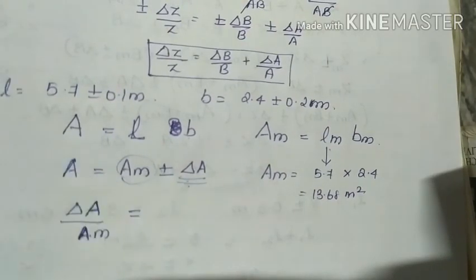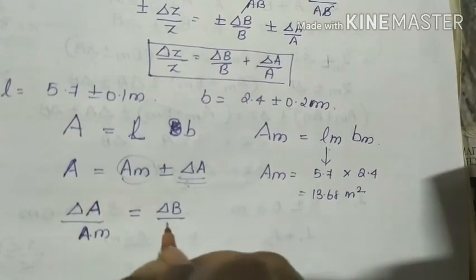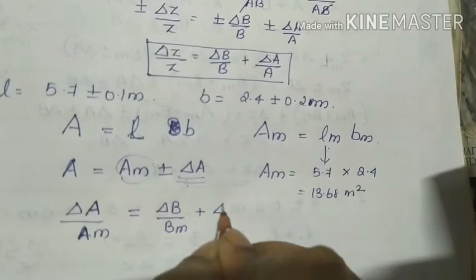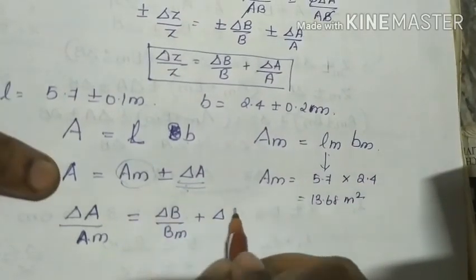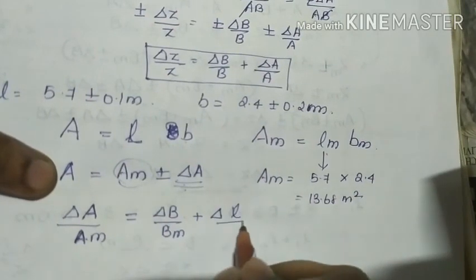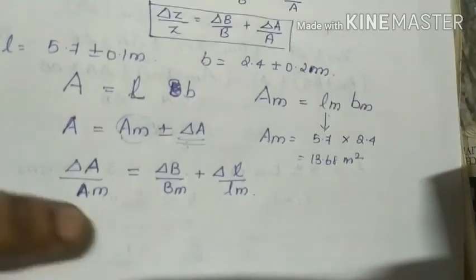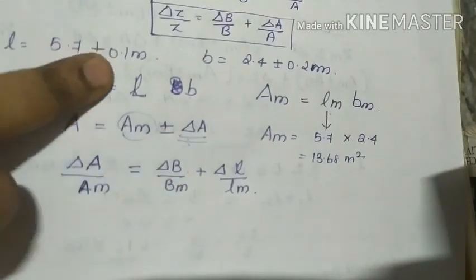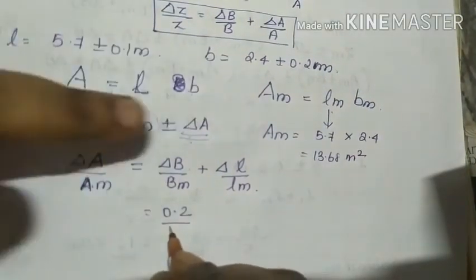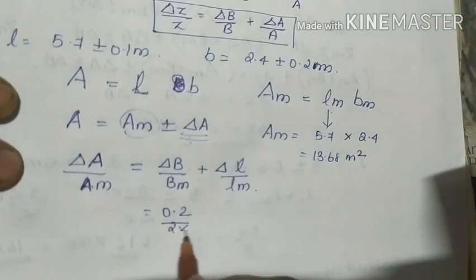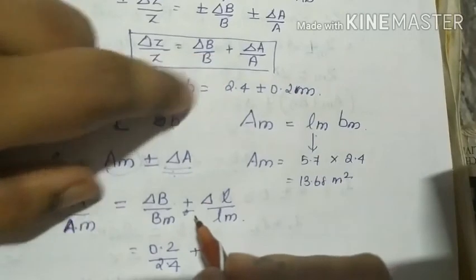So delta A by AM is equal to delta B by BM plus delta L by LM, divided by this breadth, this is for length. Clear? Now what is delta B? That is the error in breadth. That is 0.2 divided by the measured value of breadth, that is 2.4, plus. It is not plus or minus, we are writing this plus.